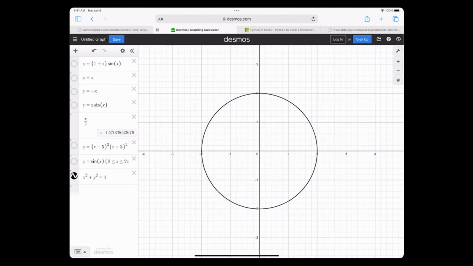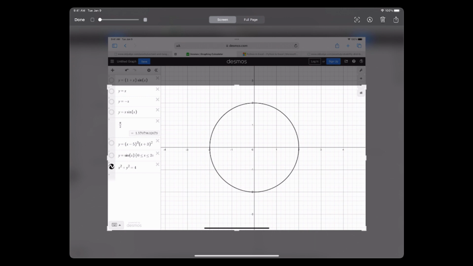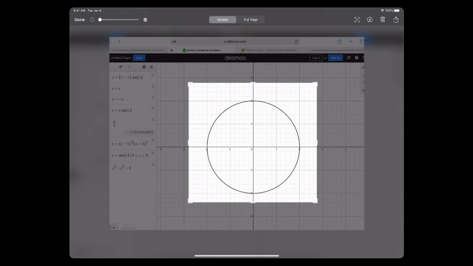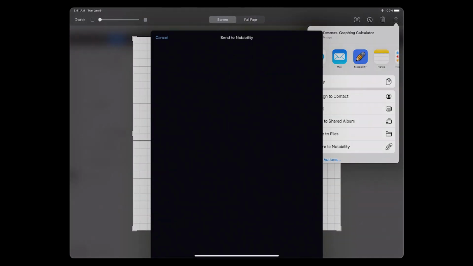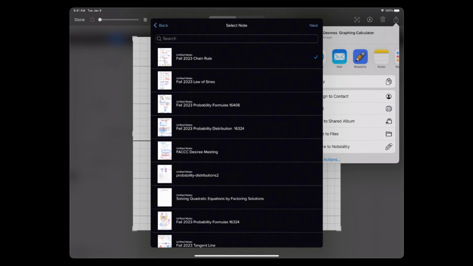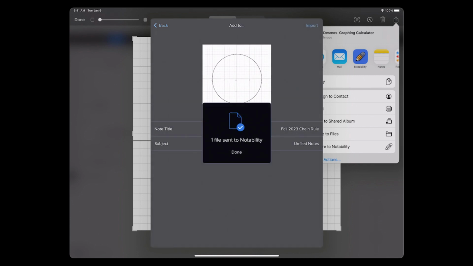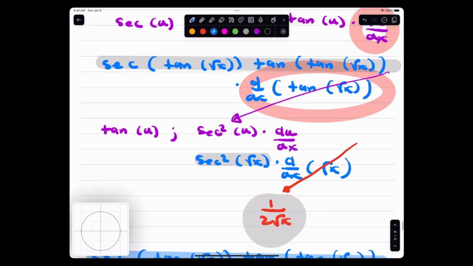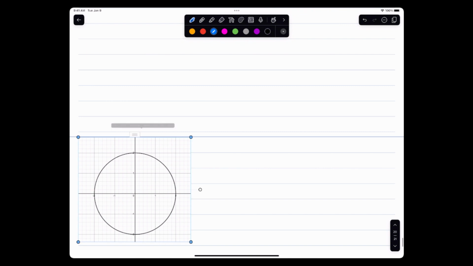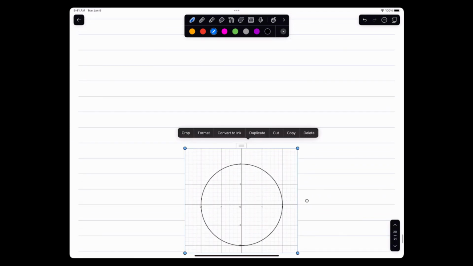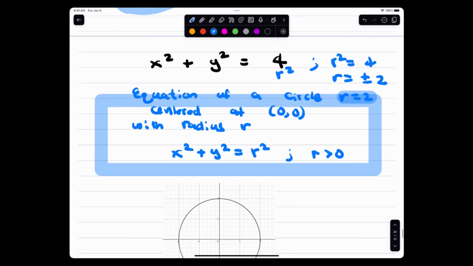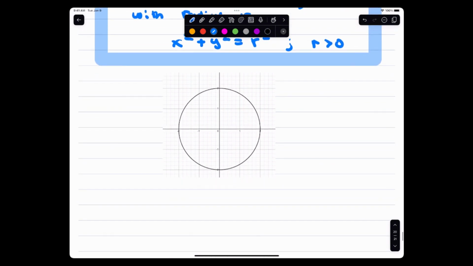Okay, so here's your equation of the circle, ladies and gentlemen, right? And here is the graph of this thing.